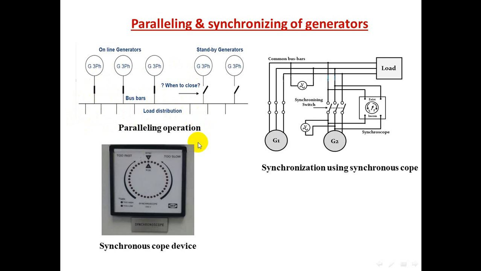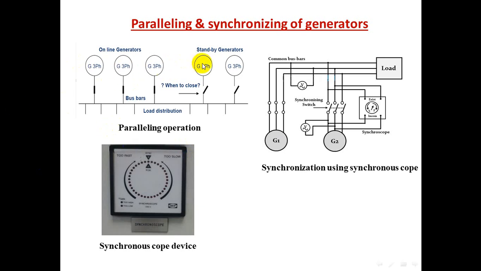What are the conditions for paralleling of the generators? There are four conditions that must be met by the oncoming generator and the bus network before paralleling can take place. So there are four conditions. 1.